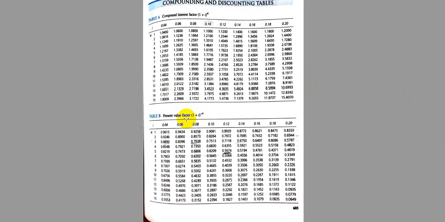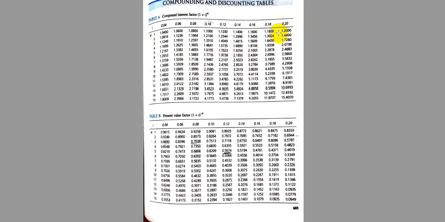If we are going to take amounts forward in time, we are going to use compound interest rate, and you will notice that all the factors in the compounding interest have values more than 1, like 1.04, 1.4 at 9 years for 4%, and so on.